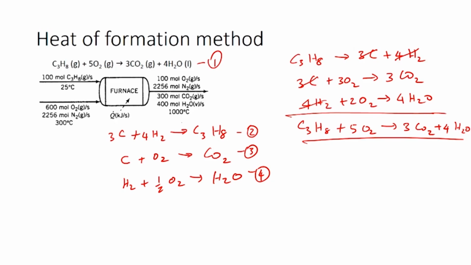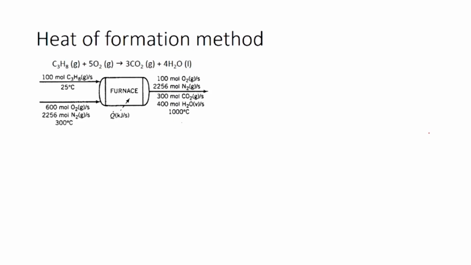So, now let us see what our enthalpy table looked like when we prepared it for the heat of formation method. The enthalpy table was basically this. We had components C3H8, oxygen, nitrogen, carbon dioxide and water. So, all the 5 components were identified.